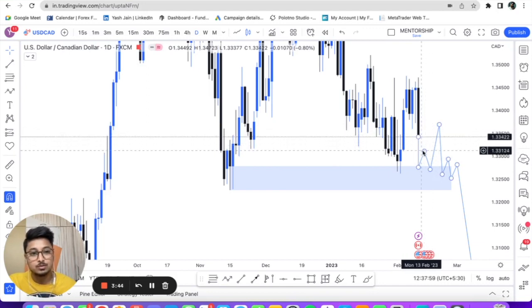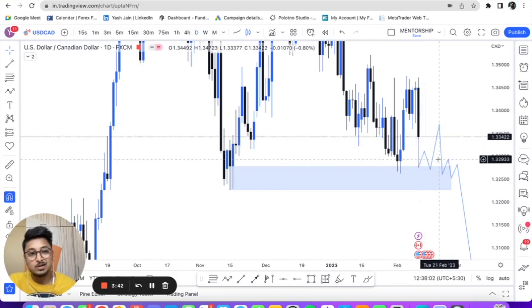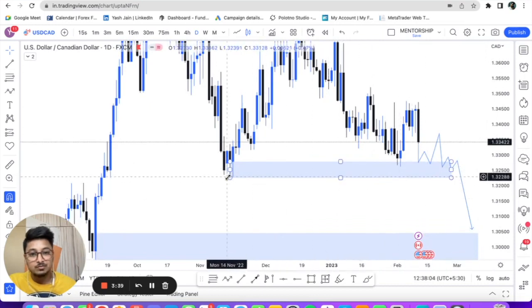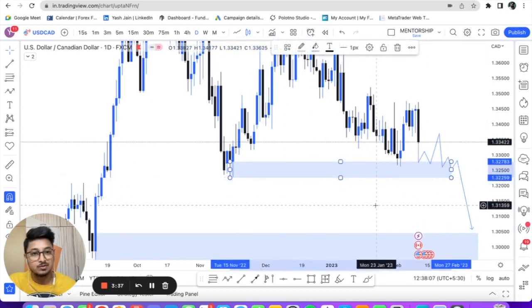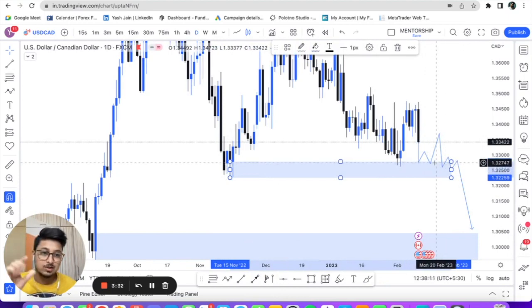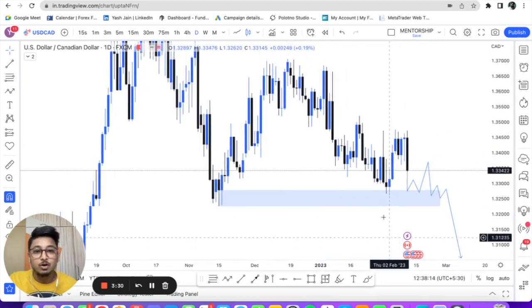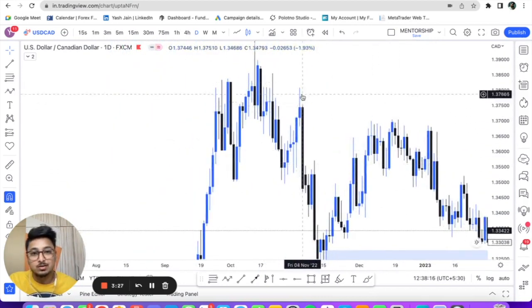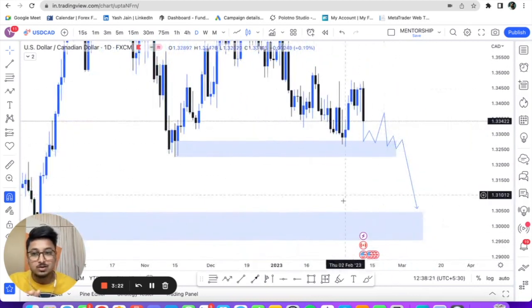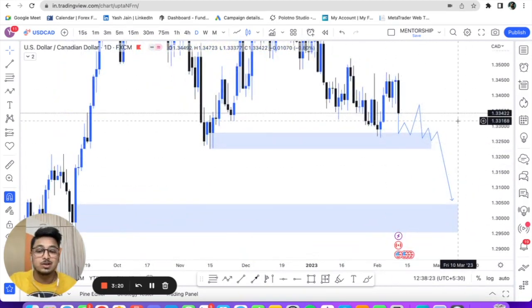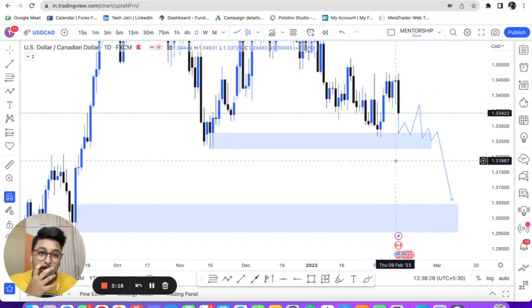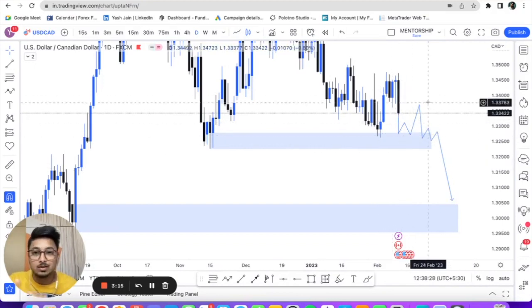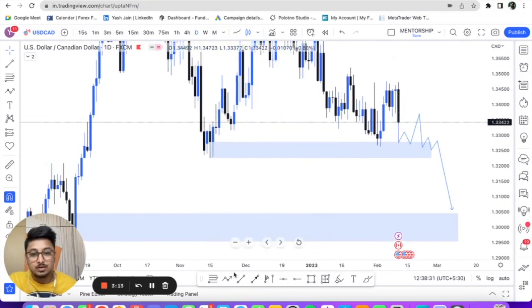Maybe not really sure, but most likely we will end up going sideways, because if we want to break this, which I'm sure we will, we will have to spend some time over here, compress over there, with small size candles forming a supply area, something like this candle, followed by a major drop. So this is pretty much what can happen on USD CAD. I'm overall bearish. Whenever you see premium levels on USD CAD, you try and take short opportunities.